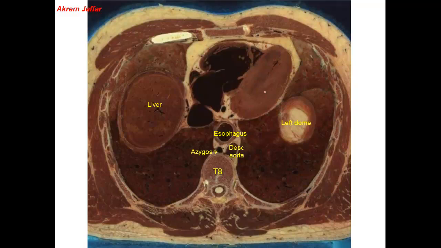The heart shows the left ventricle with its thick wall, and the right ventricle. This is a septomarginal trabecula, or the moderator band, which extends from the septum to the anterior wall of the right ventricle. And here is the right atrioventricular orifice, and the right atrium receiving the inferior vena cava.